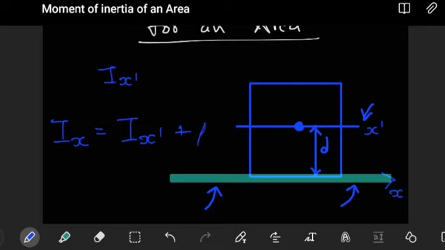So this is going to be the area of the whole structure multiplied by the distance squared. This distance is the distance between the two parallel axes.